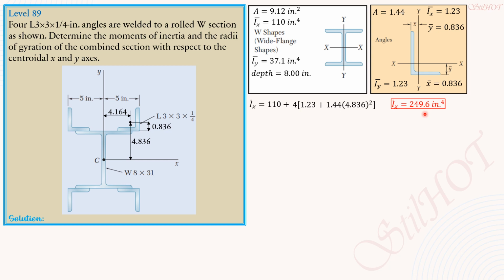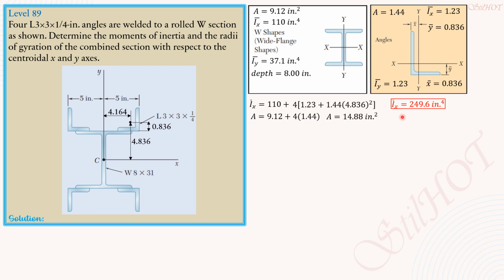Then we equate this to k barred x square area, where the area is 9.12 for the wide flange, plus 4 times 1.44 square inches for the angles. So 9.12 plus 4 times 1.44. So the area is 14.88 inch square.